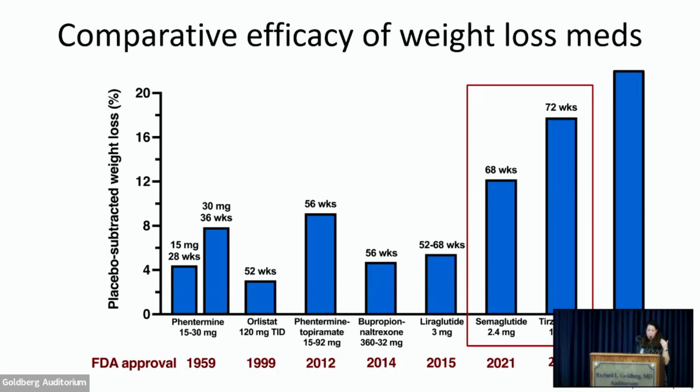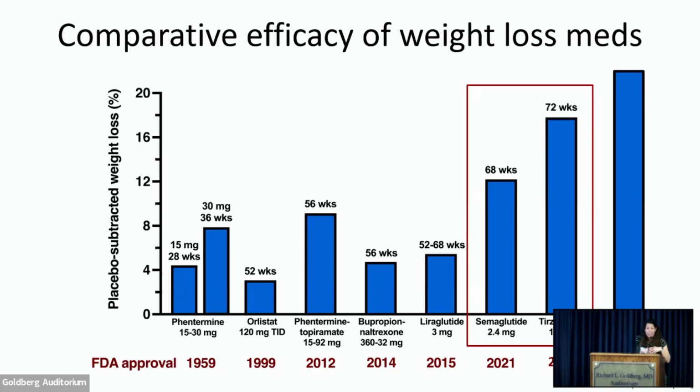And then I just wanted to mention that in development, there are multiple different agents out there right now that are being tested: oral GLP-1s, alternatives, a few triple agonists, which are not only GIP and GLP-1 agonists like tirzepatide, they are also agonists to glucagon receptors. They just published some of the phase 2b data from retatrutide, and it's really exciting because this drug is causing about 26% weight loss.